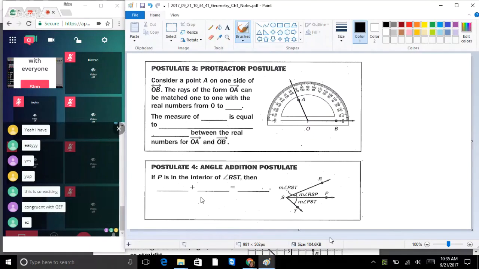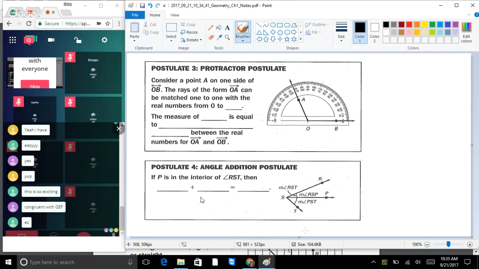The first postulate we learned was about how to measure a line, by taking the absolute value between the two points. For postulate 3, we're going to talk about measuring angles. The tool we use to physically measure a line is a ruler, and the tool we use to physically measure an angle is a protractor.